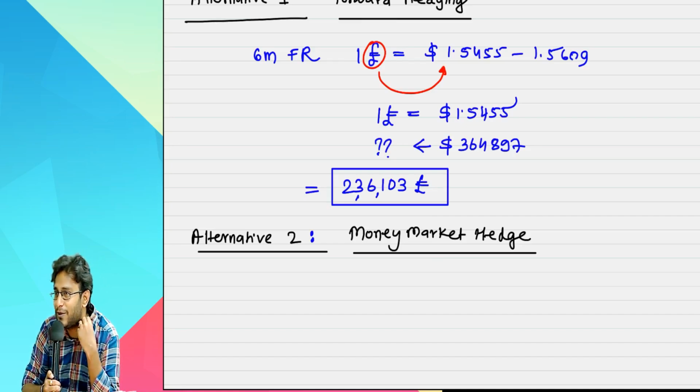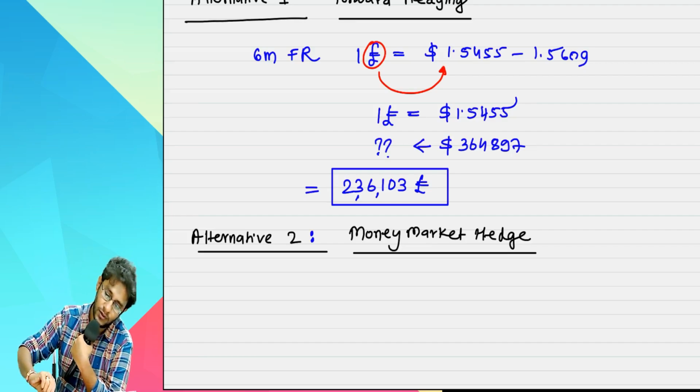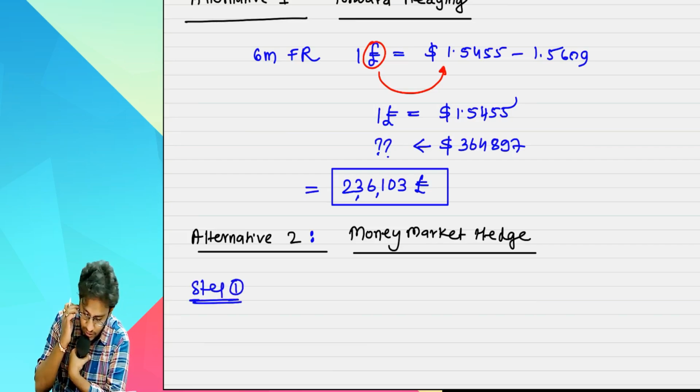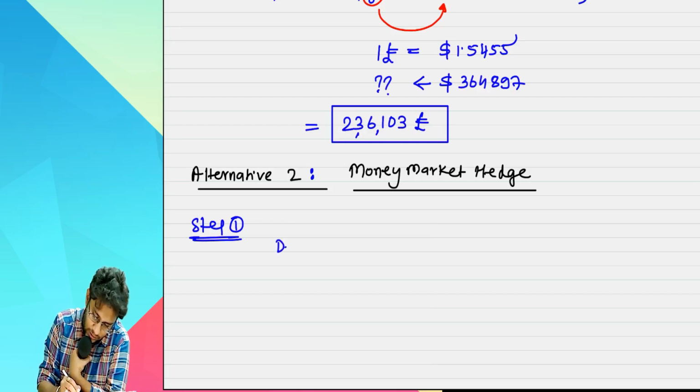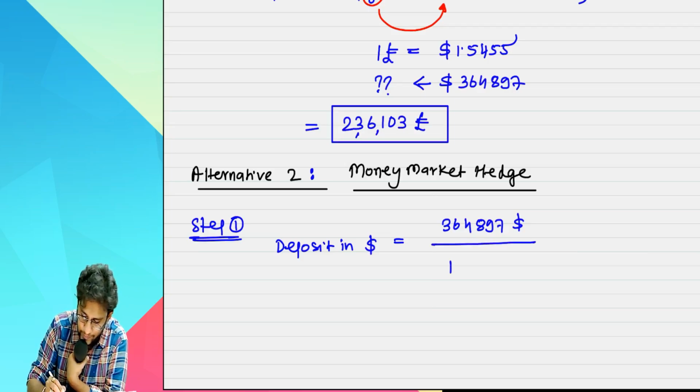Turning pages to money market hedge. The FC payable sum, receivable sum, payable sum. So you have to create an FC receivable. So again, deposit in not pounds, dollars. 364,897 should be your future value.